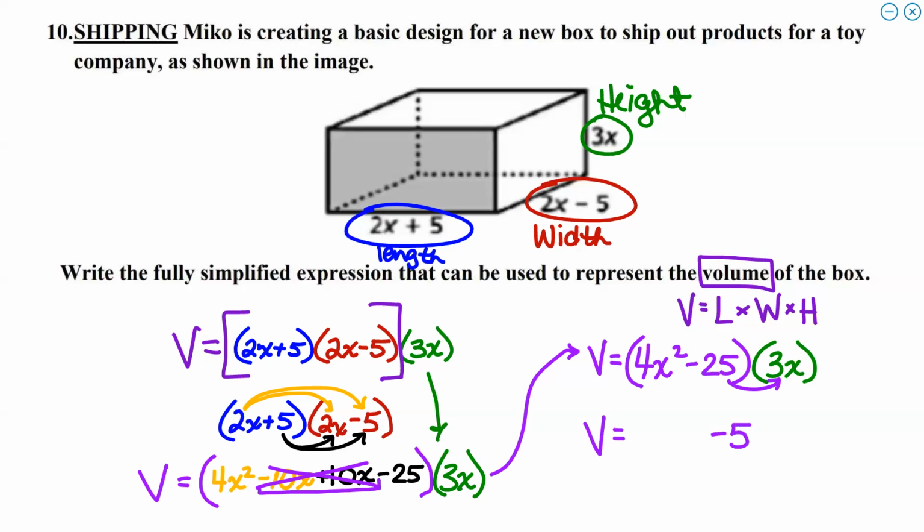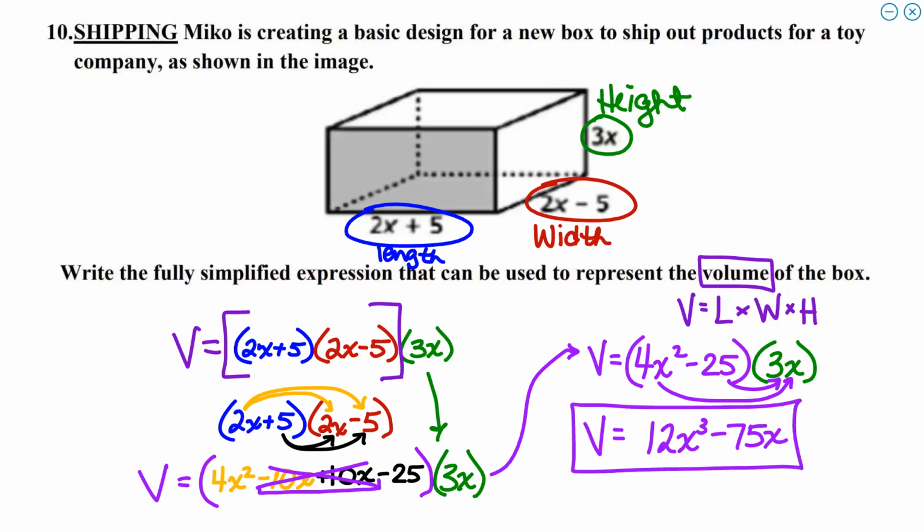Negative 75x. Do I need to distribute anything else? 4x squared also needs to be distributed. 12x to the third. That would be my final answer. Remember, when we're multiplying polynomials, every part of the first polynomial has to get distributed to every part of the second polynomial.